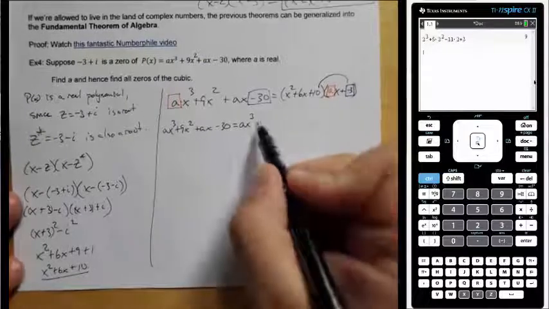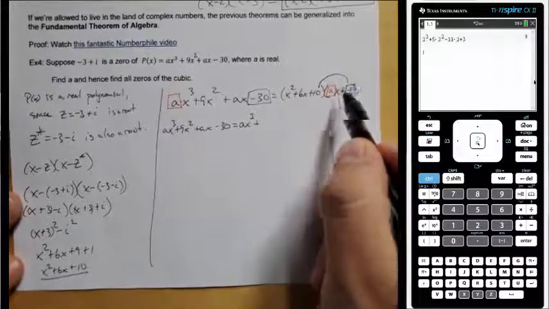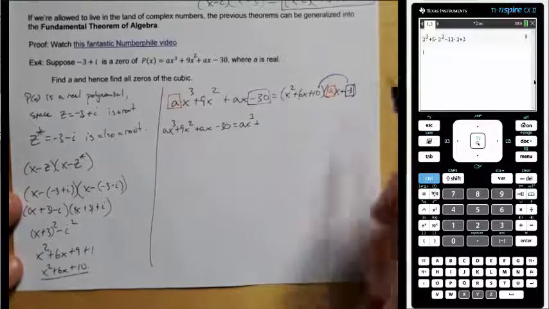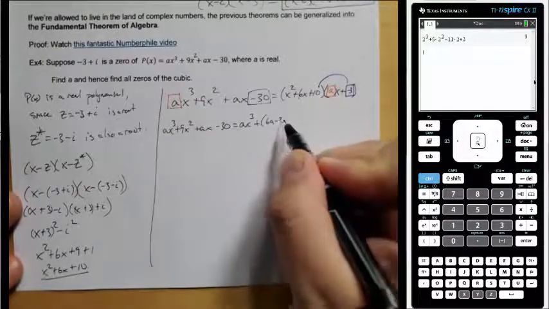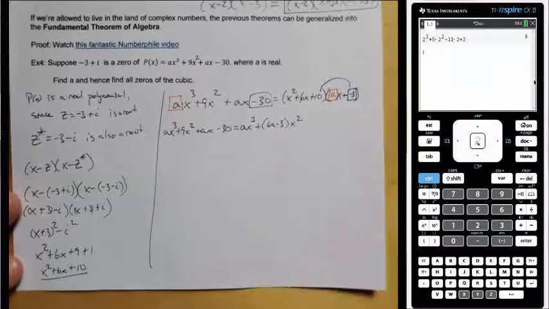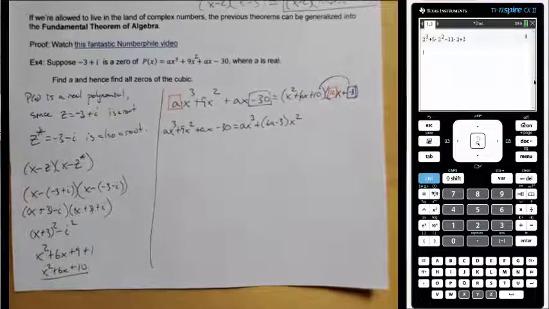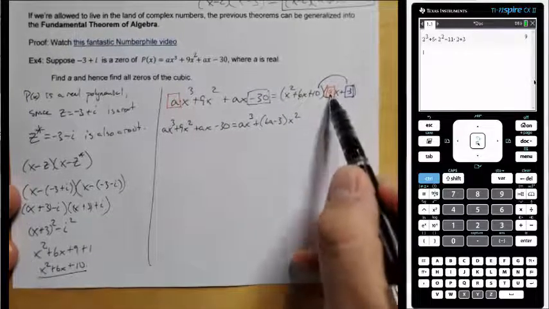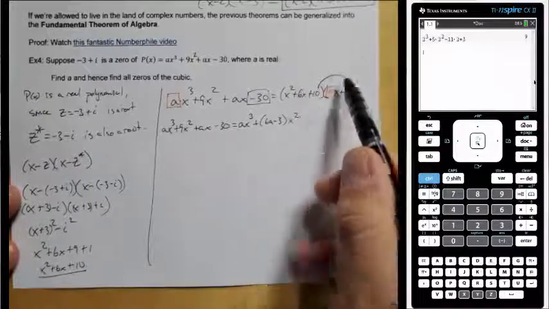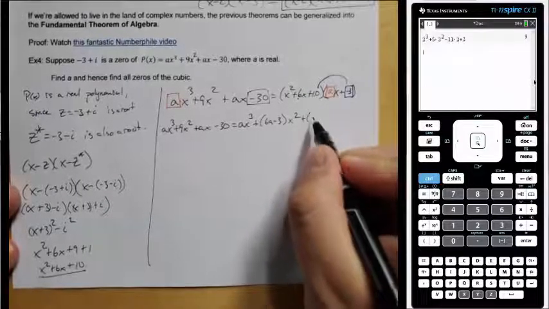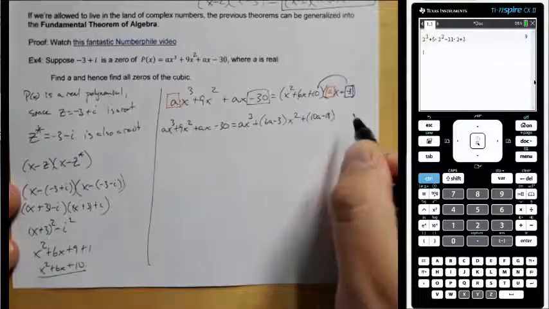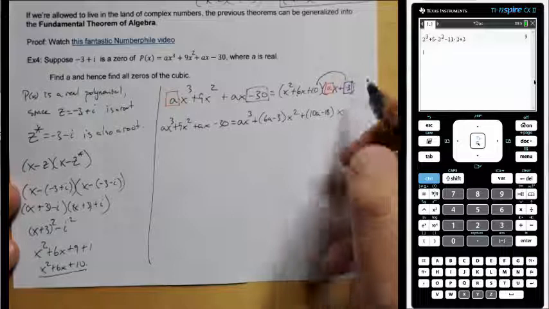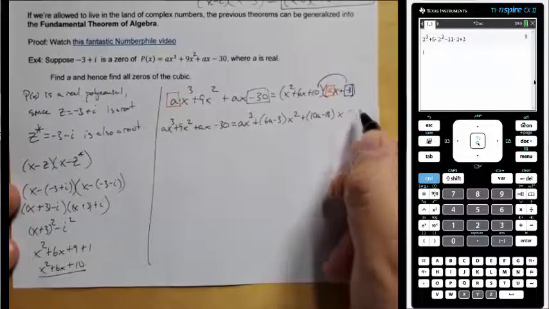What's the x squared term? The x squared term should be 6a minus 3 as the coefficient of x squared. I think the coefficient in front of x should be 10a minus 18. And the constant term is 10 times minus 3, which is minus 30.